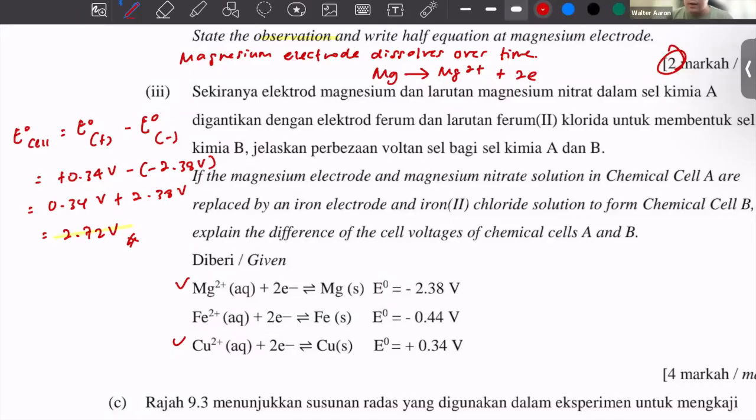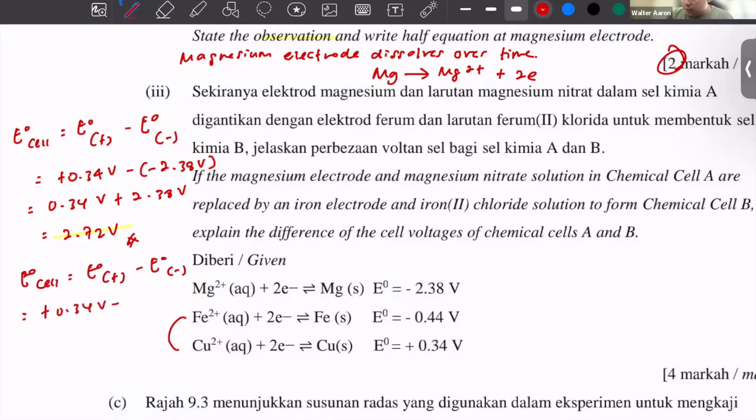And then between the other one, which is copper and iron, because I asked you for copper and iron as well. So between copper and iron, same thing. E naught of the cell will be E naught of the positive terminal minus the E naught of the negative terminal. So in this case right now, we'll take the copper again, because copper is more positive.